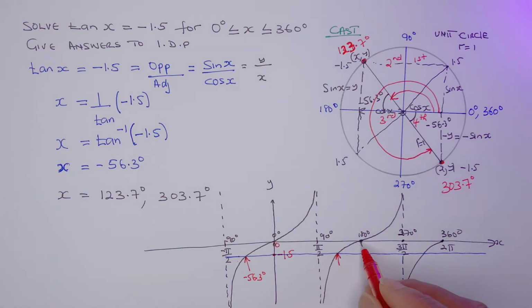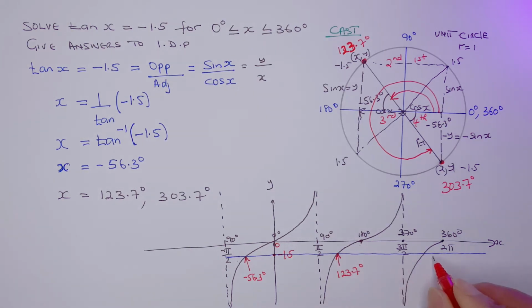And this is 180 degrees. So that means 180 take away 56.3 will give you 123.7 degrees. So that's 123.7 degrees.